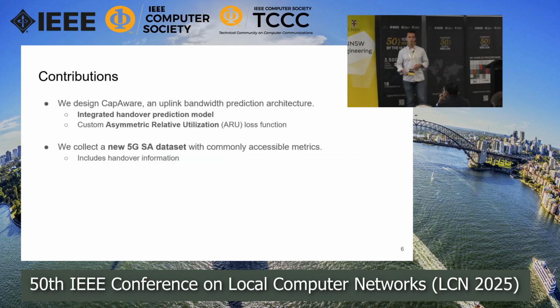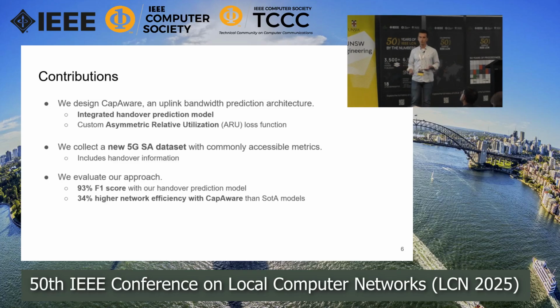It also includes the network handover information, which is very crucial for us to train our models. And of course, we evaluate our approach against state-of-the-art baselines, which I will detail in the baseline section later on. With our approach, we achieved a 93% F1 score with our handover prediction model, which is higher than before. And we achieved 34% higher network efficiency compared to state-of-the-art models, which I will detail later in our metrics.